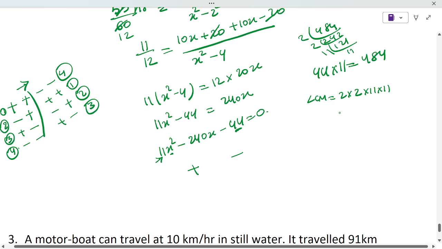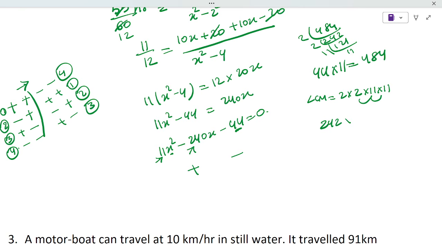Now we need only two numbers in such a way that by either subtraction or addition, we get this middle number 240. So 2 into 11 will give us 22, 22 into 11 will give us 242. So 242 into 2 will give us the LCM, which is 484.